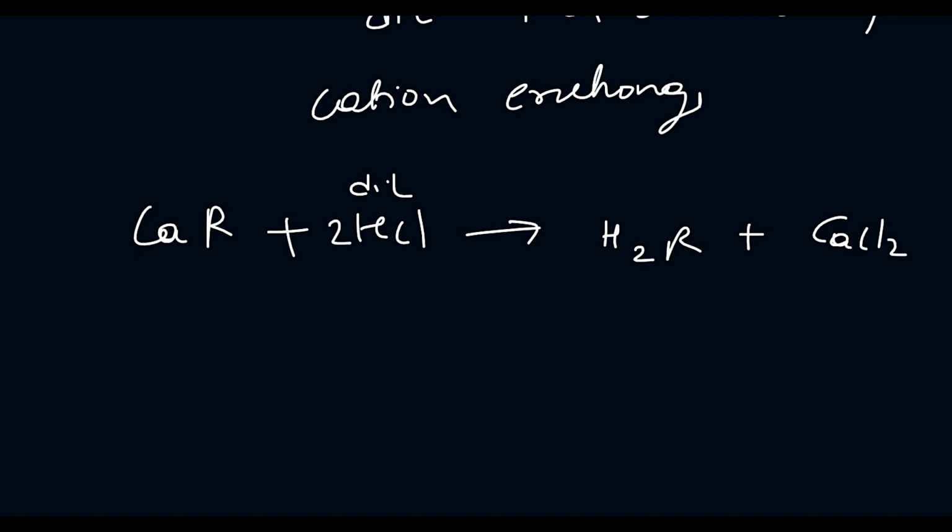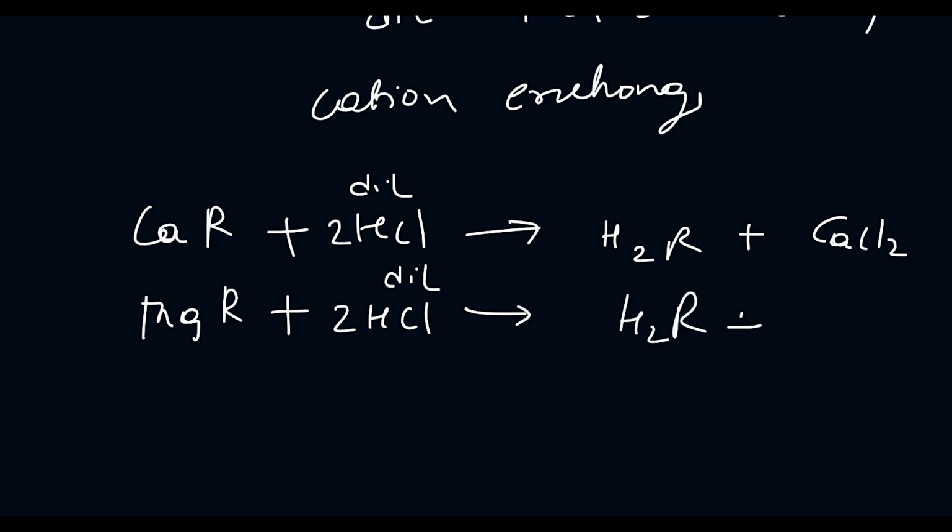To balance this reaction, we have to take two HCl molecules. The next reaction is MgR plus 2HCl, that is dilute HCl, gives us H2R plus MgCl2.